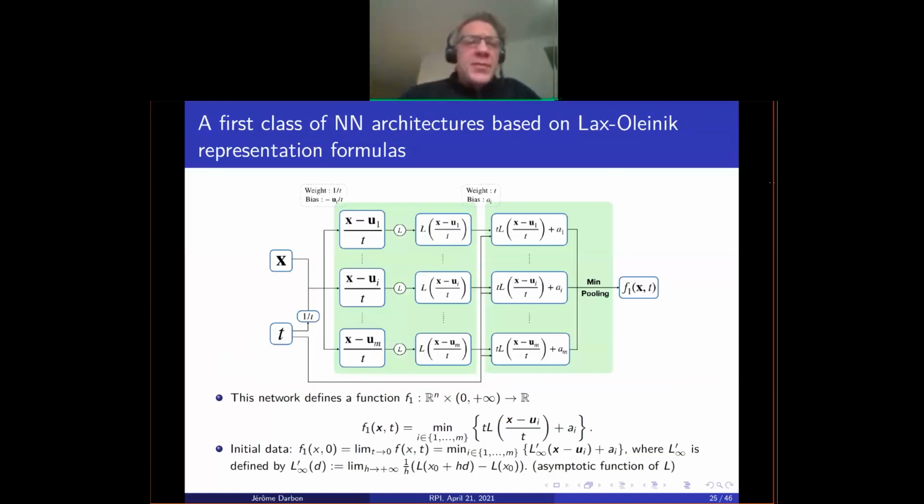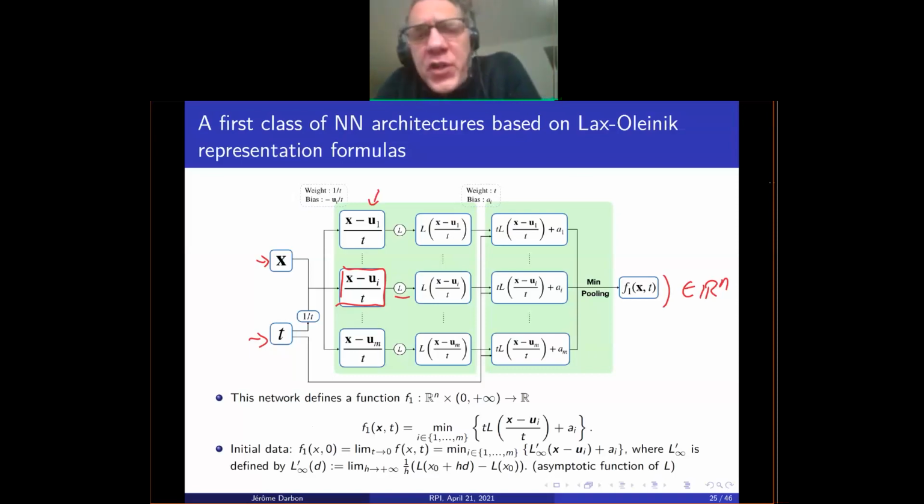I still have a neural network where the input is X and T, and the output of the neural network gives me a real number that I call F1 of X, T. Here I have two layers for this neural network. The first layer takes the input X and T, and first we compute X minus u_i t. We have M neurons computing these quantities, where u_i is a parameter of the neural network.